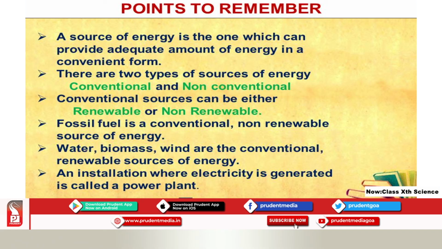Second point, there are two types of sources of energy, conventional and non-conventional. Conventional sources can be either renewable or non-renewable. Fossil fuel is a conventional and non-renewable source of energy. Water, biomass, wind are the conventional renewable sources of energy.